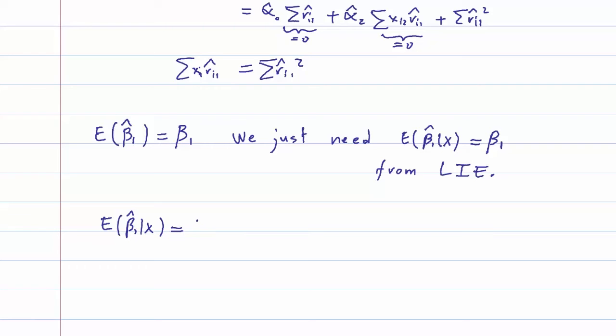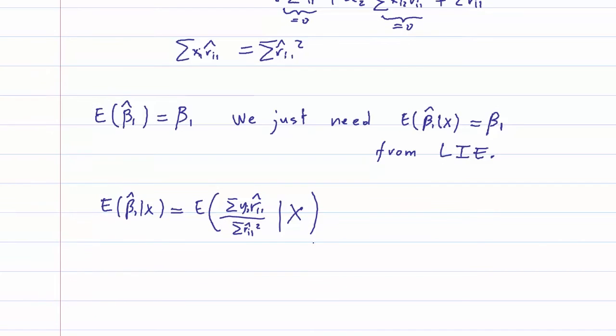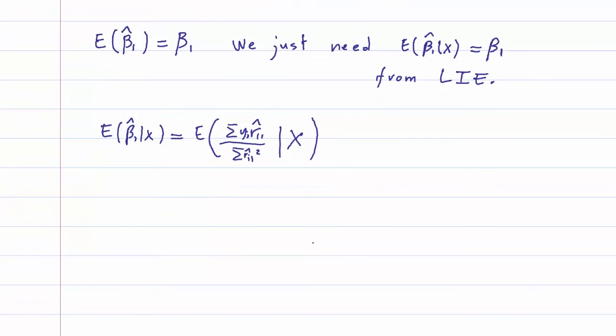So I'm going to focus on the expectation of beta 1 hat conditional on x. We know that it is the expectation of the sum of yi ri1 hat over the sum of ri1 hat square, conditional on x. I'm going to expand the y.